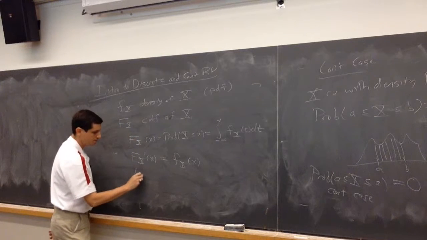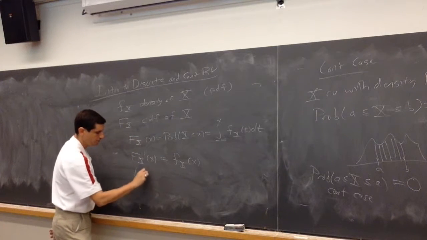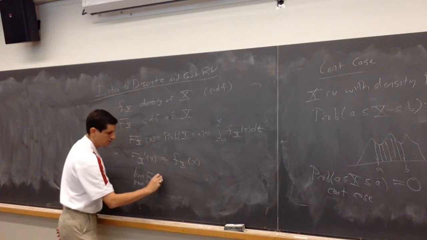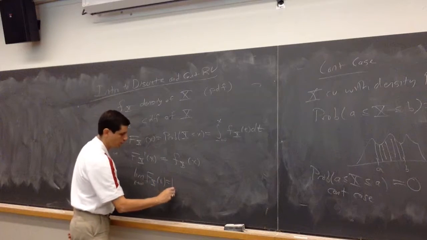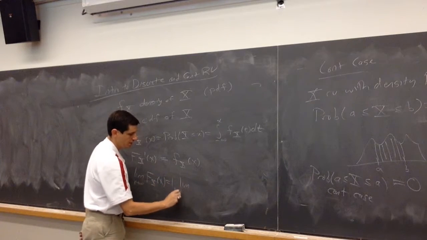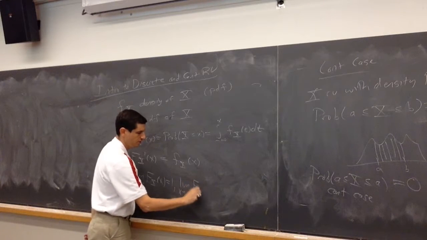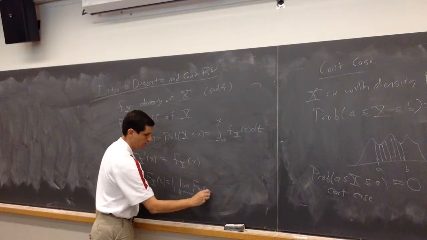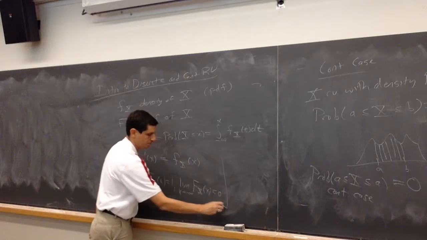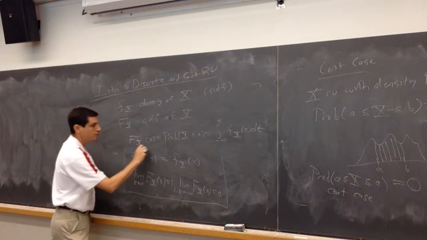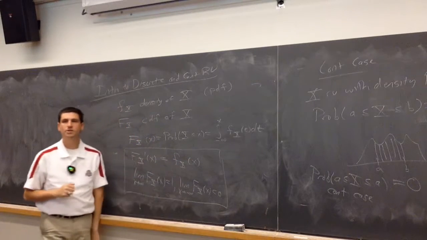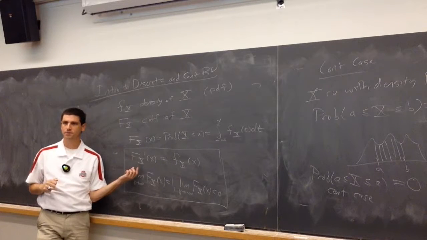And we also know that the limit as x goes to infinity of big F of x equals 1, and the limit as x goes to -infinity of big F of x equals 0. So these are extremely useful properties of cumulative distribution functions.